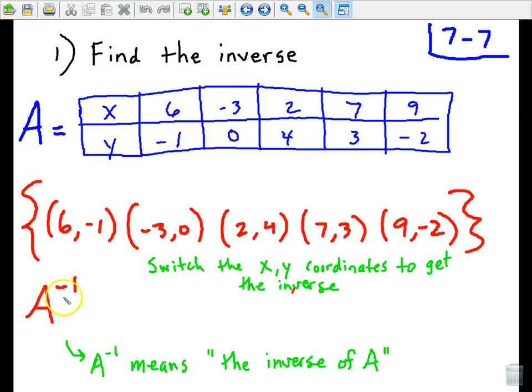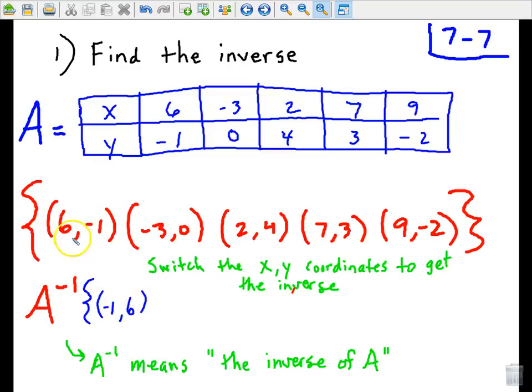In this case, it says the inverse of A. So let me show you how easy it is, when you're given a set of ordered pairs, to write the inverse of a relation. Very simply, it involves looking at the ordered pairs and switching places with the xy coordinates.